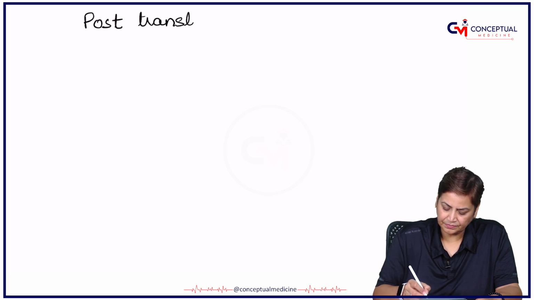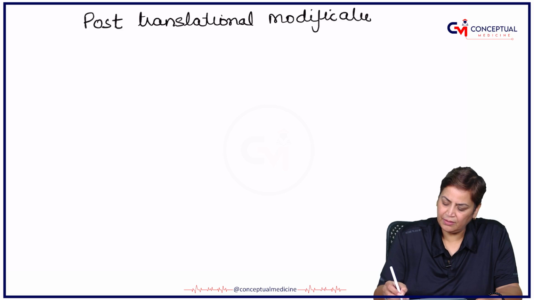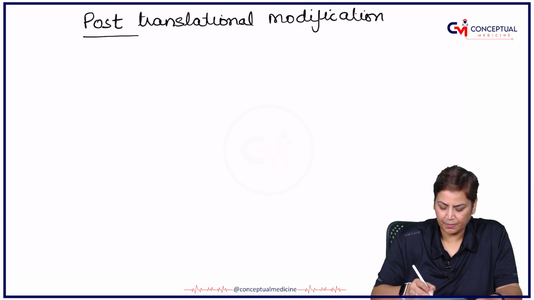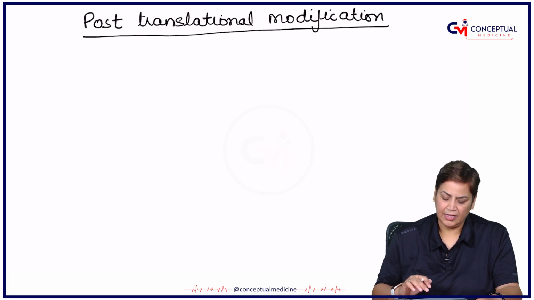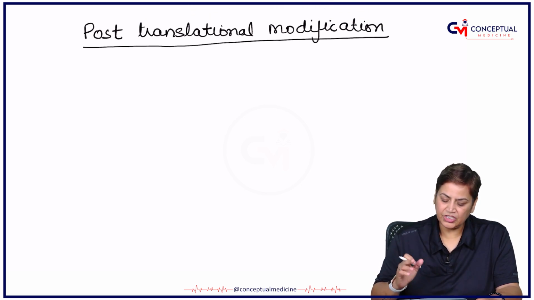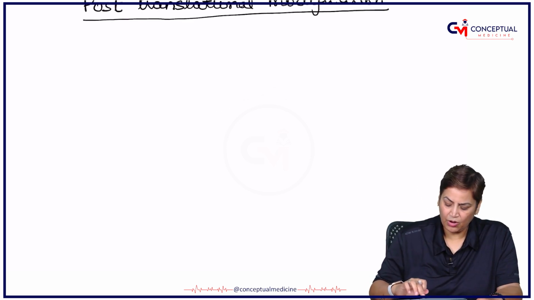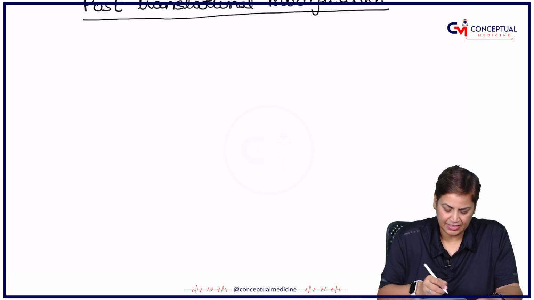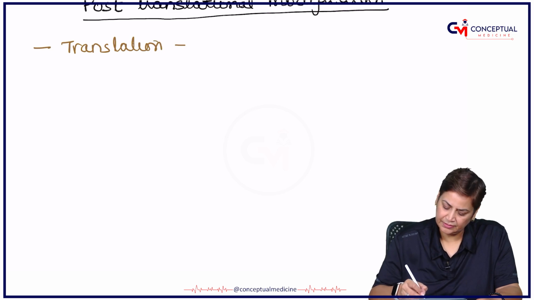Post-translational modification. Now, what do we mean by this term? It means modification after translation, right? So if we talk about what is happening in translation, a polypeptide is produced.